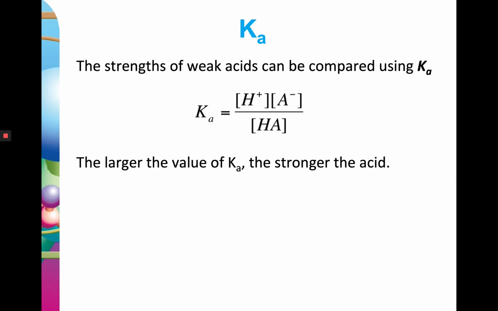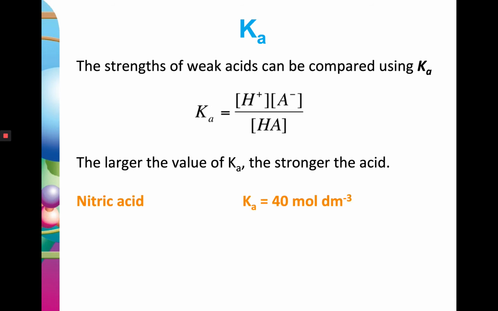And if we compare the Ka values of two acids that we're familiar with, one thing to say is the larger the value of Ka, the stronger the acid must be, because a larger value of Ka means that the numerator is greater. And if the numerator is greater, that means the concentration of hydrogen ions is greater. And if the concentration of hydrogen ions is greater, then the acid is clearly a stronger acid. It's going to have a lower pH.